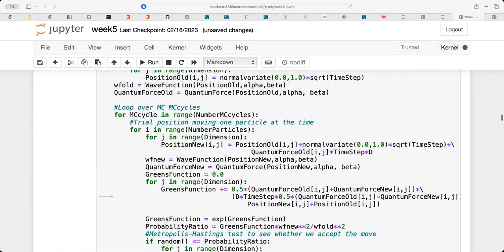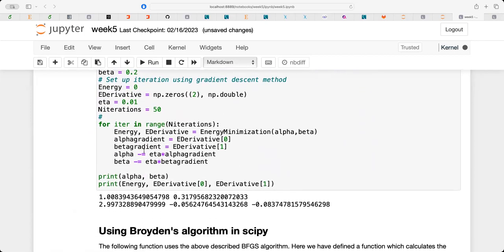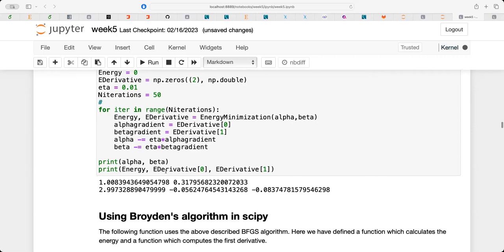So what I've done after that, instead of using a plain gradient descent, as you see here, you can now see this is the energy I get. The exact value is 3. There is an error, so you will not get exactly 3. So there's a plus minus error. But you see now that my derivatives after 50 iterations are not exactly 0.